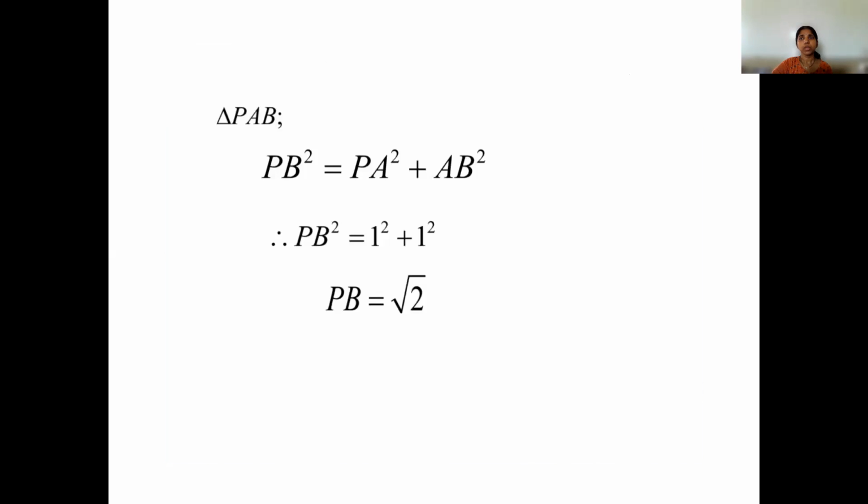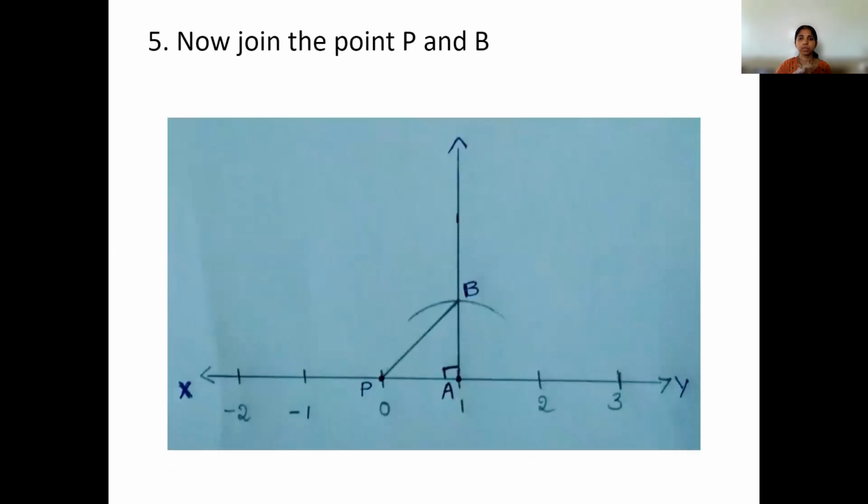Next, what type of triangle is this? What have we obtained here? 90 degrees. So we have obtained PAB as a triangle. What type of triangle? It is a right angle triangle. So using Pythagoras theorem, we know that the distance from P to A is 1 centimeter, and A to B is 1 centimeter.